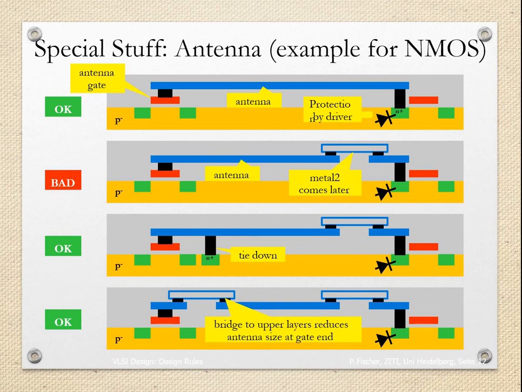So this is the example in which we can see the antenna effect. We have the antenna gate over here, and we are giving the protection to this driver by adding the diode. Then we have one more antenna structure over here, and this second metal 2 antenna comes over here again.